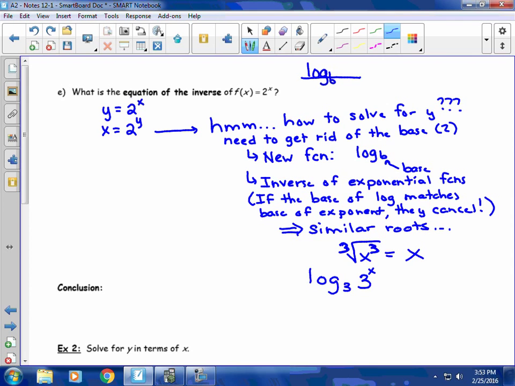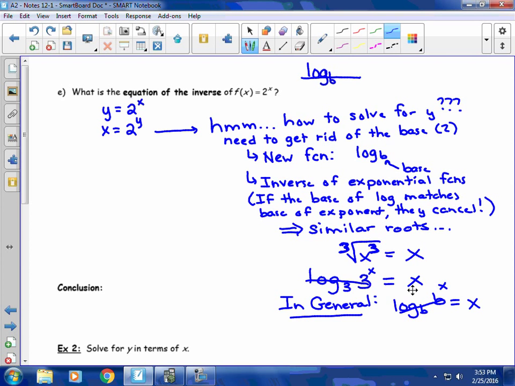Again, similar to taking the cube root to get rid of the 3 exponent, this log and the base of 3 cancel out, and I'm left with x. So in general, if I have log base b of b raised to the x power, that log base b and the base of the exponent b are going to cancel, leaving us with just x.